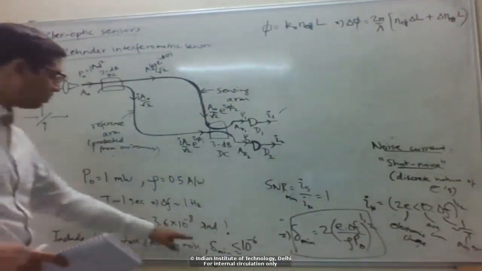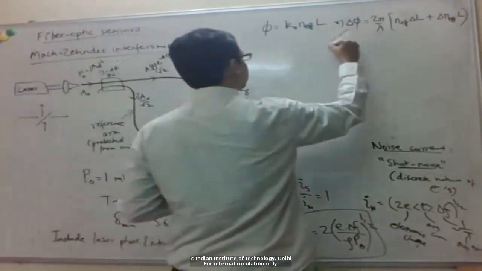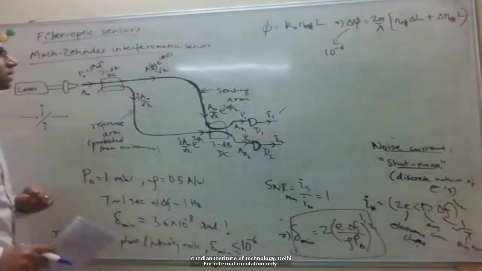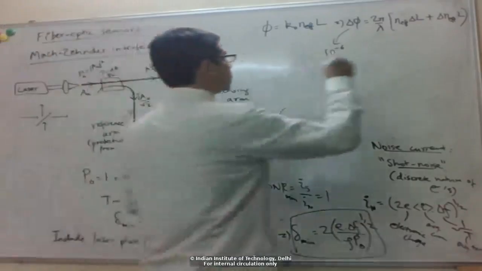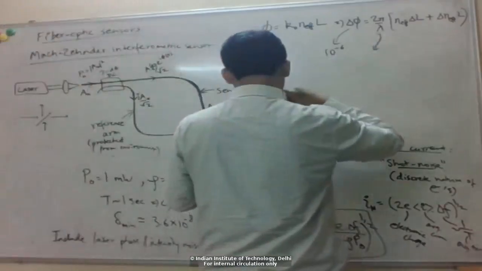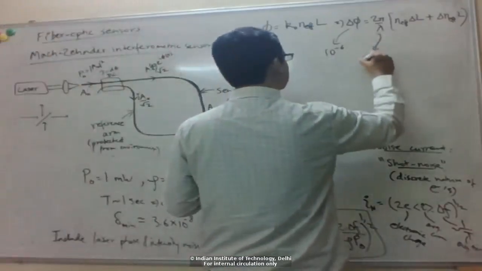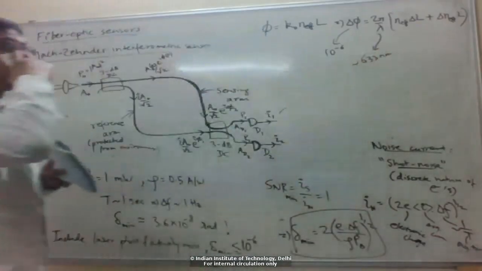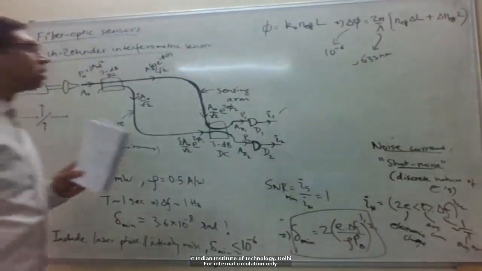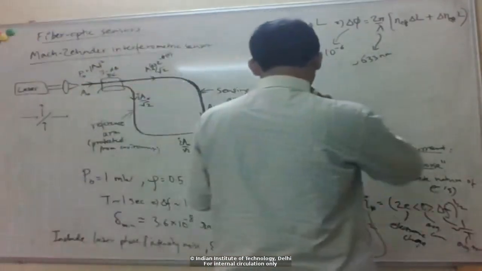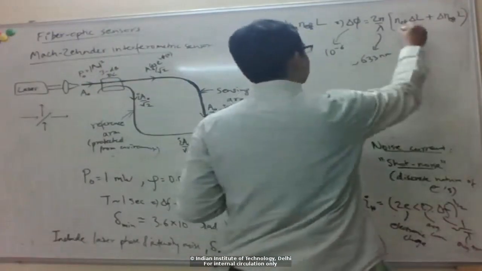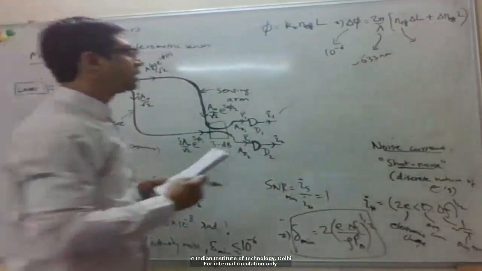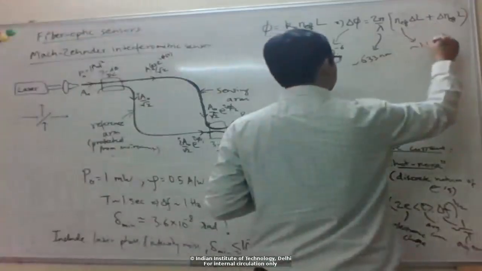So for example, if I put this delta phi of 10 to the minus 6, a typical sensitivity, and let's say we are working at a wavelength of 630 nanometers, the typical visible wavelength, then n effective will be basically the silica refractive index, so around 1.45.